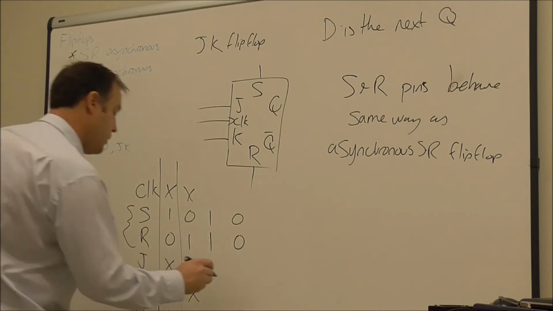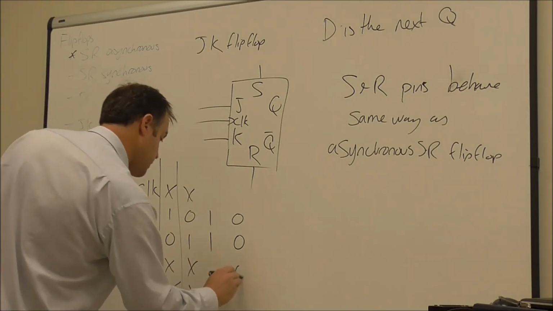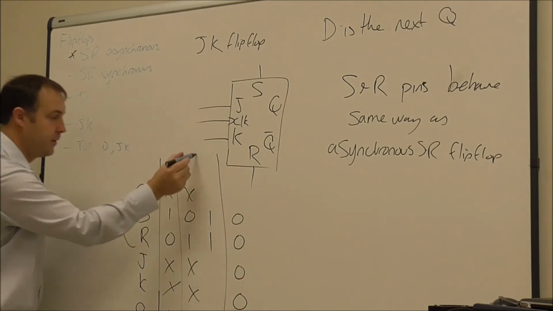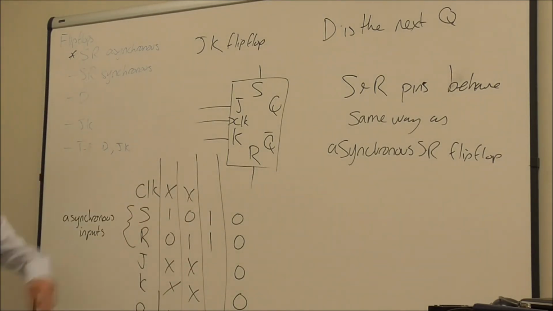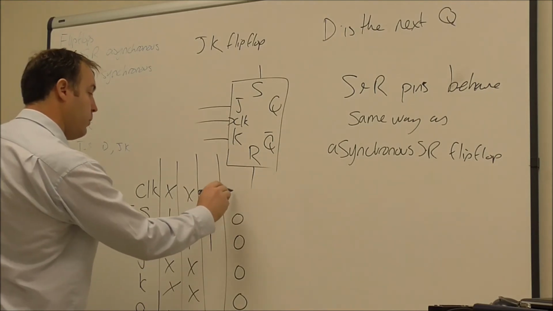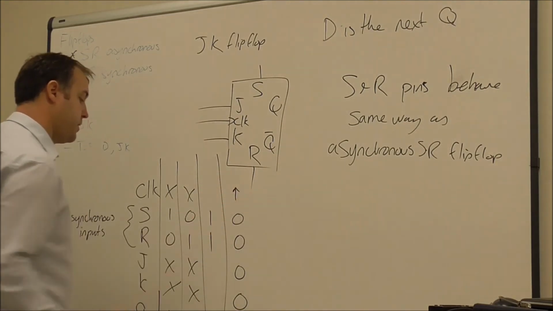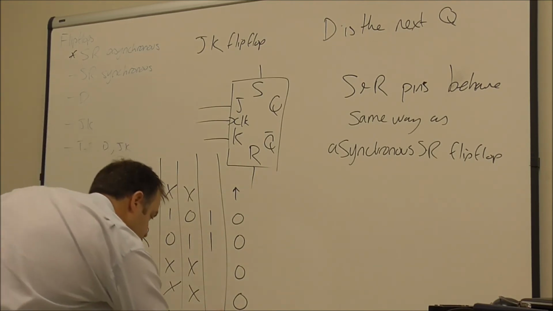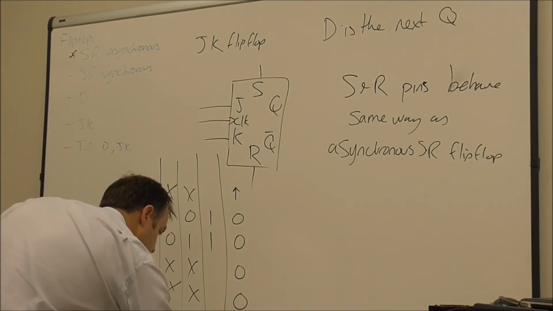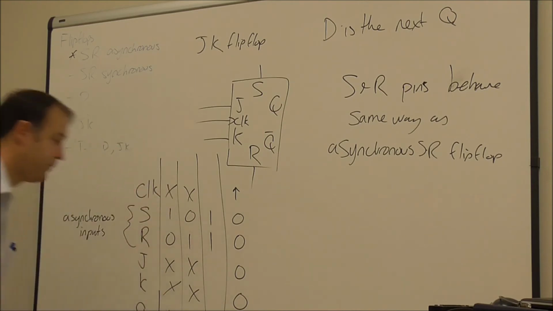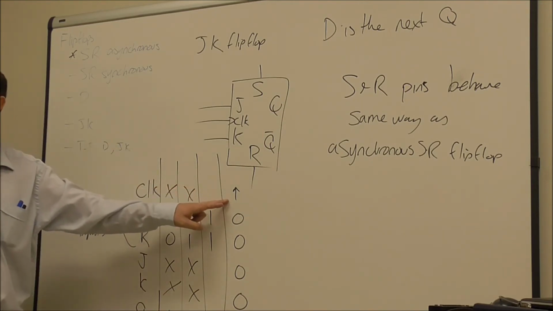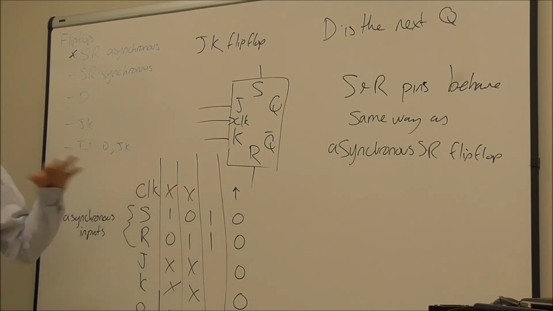So if S and R are 0, J and K are 0, and we see a rising clock edge, we get no change.